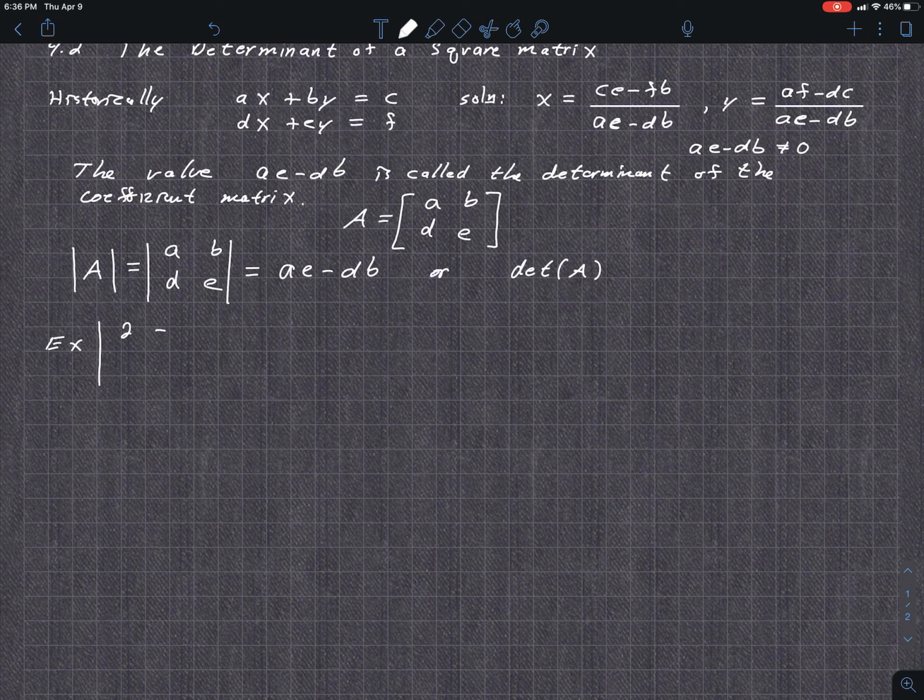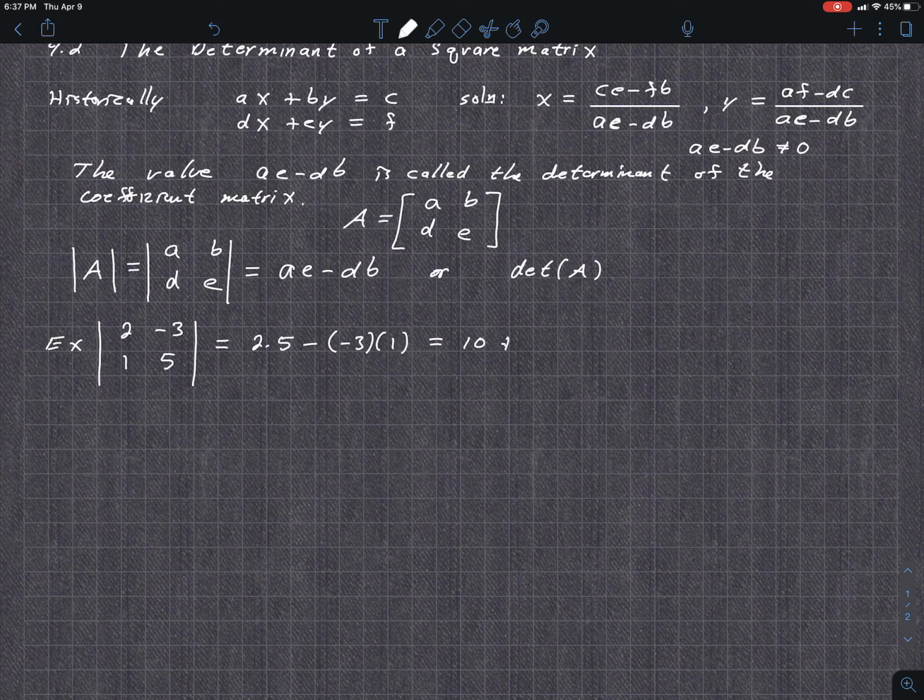Okay, so let's do another example with actual numbers. So this is just a 2x2. We take the determinant of 2, negative 3, 1, 5. Then you get 2 times 5 minus negative 3 times 1.